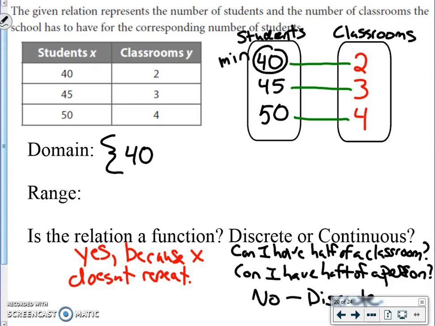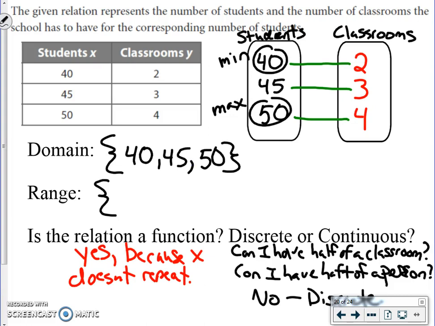I'm going to write my next biggest number, which is 45. And I'm going to complete my domain with my maximum value of 50. For my range, I'm going to start with my minimum y value, which is 2. I'm going to write my next largest value, which is 3. And finally, my biggest value, my maximum value, which is 4.